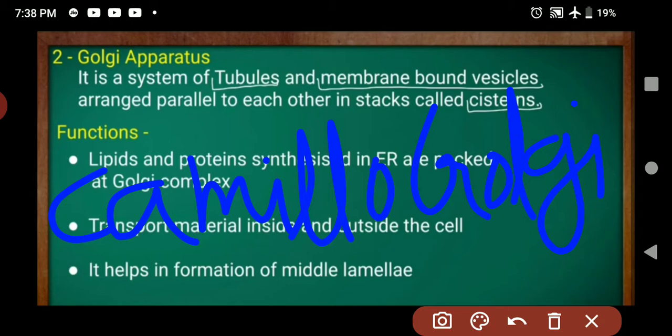Golgi apparatus receives the substances secreted by endoplasmic reticulum, then distributes them into the cell where they are used. It also packs the molecules inside secreting vesicles. And see, it is a system of tubules and membrane bound vesicles arranged parallel to each other in stacks called cisterns.